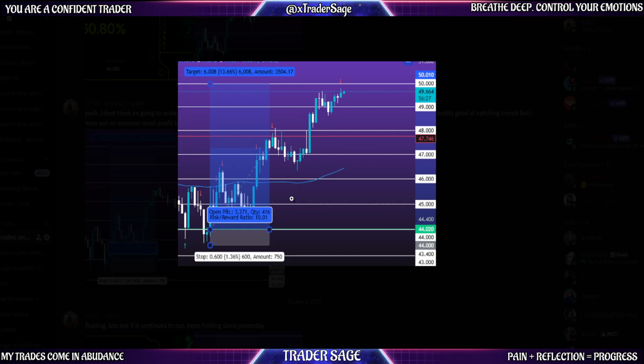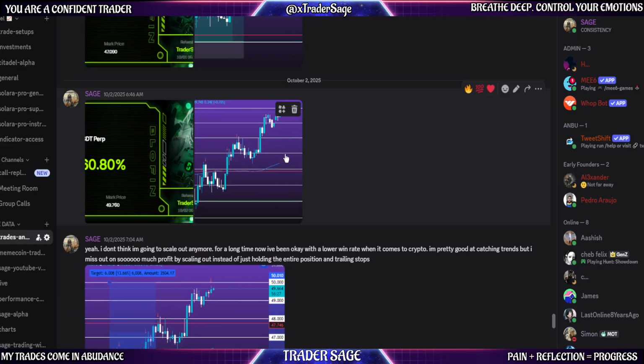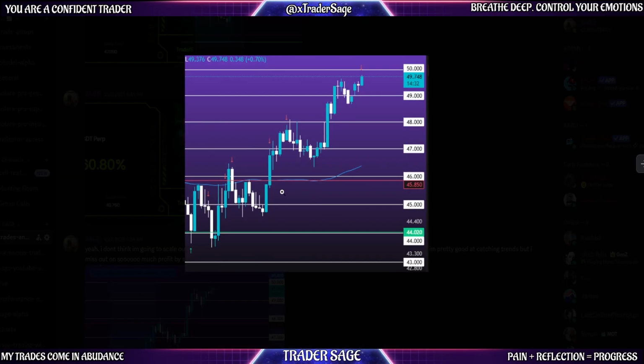Now, I ended up scaling out of this trade early because there's something called EV, right? Expected value. This is something that Lance Brightstein talks about a lot. A lot of times, your EV of the trade is constantly changing in real time. EV is your expected value.